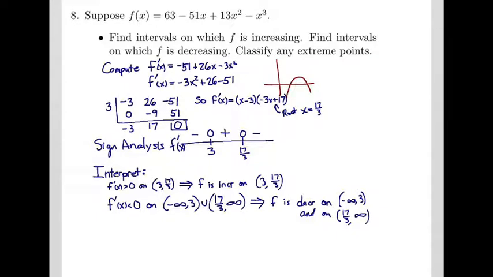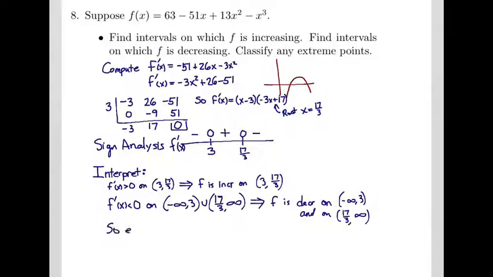So now I've got that my original cubic is decreasing on the interval negative infinity to 3, it's increasing on 3 to 17/3, and then it decreases again on the interval 17/3 to infinity. This allows me to conclude things about the extreme points.